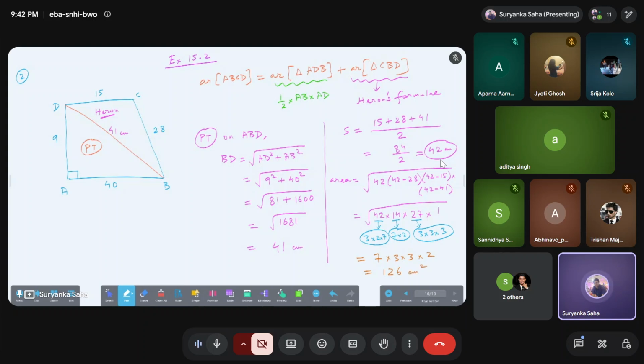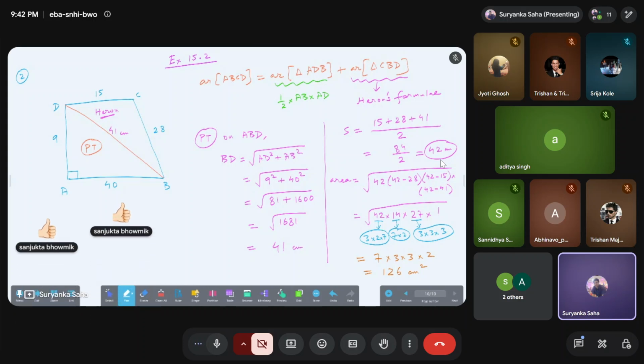Okay. So 126 centimeter square. Okay, so that is the area of triangle DCB or CBD.